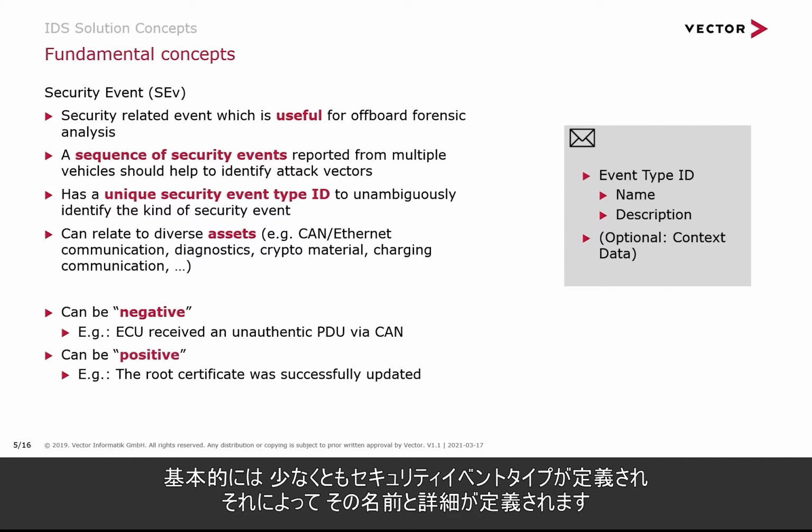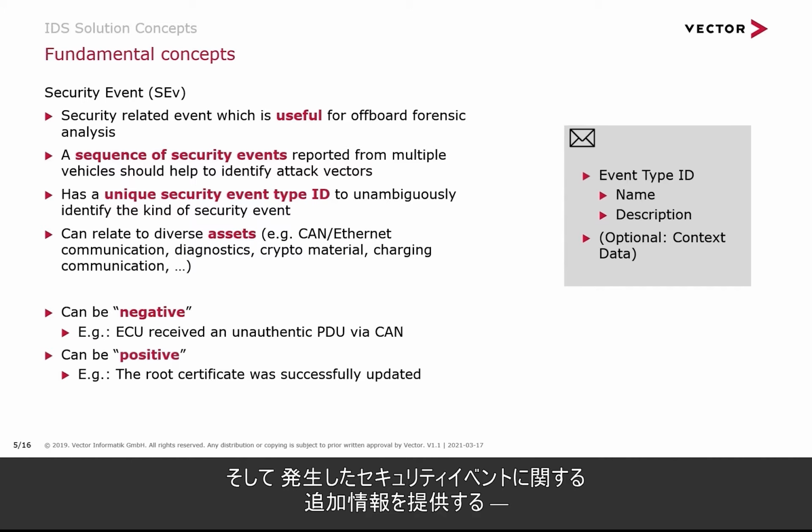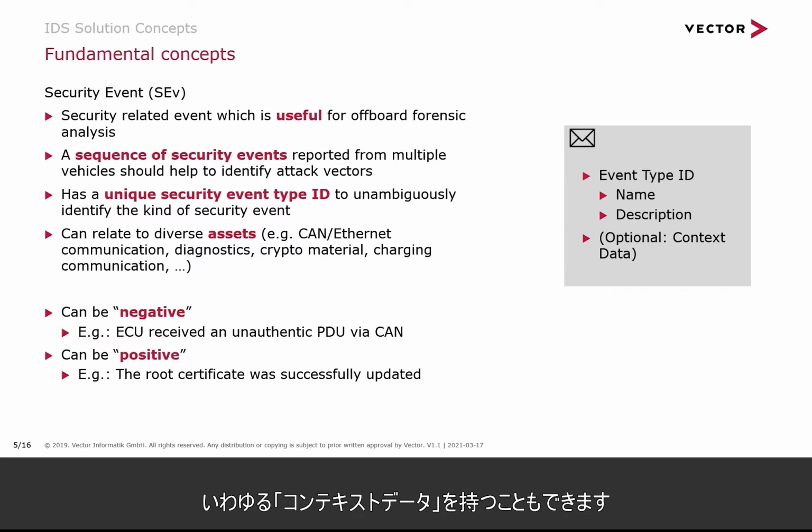And it basically is defined at least of a security event type, which defines its name and description. And it can optionally have so-called context data, which provide additional information about the security event that actually happened. Context data can, for example, be a PDU ID, or it can be a certificate number, or anything else that helps in the analysis of security events.